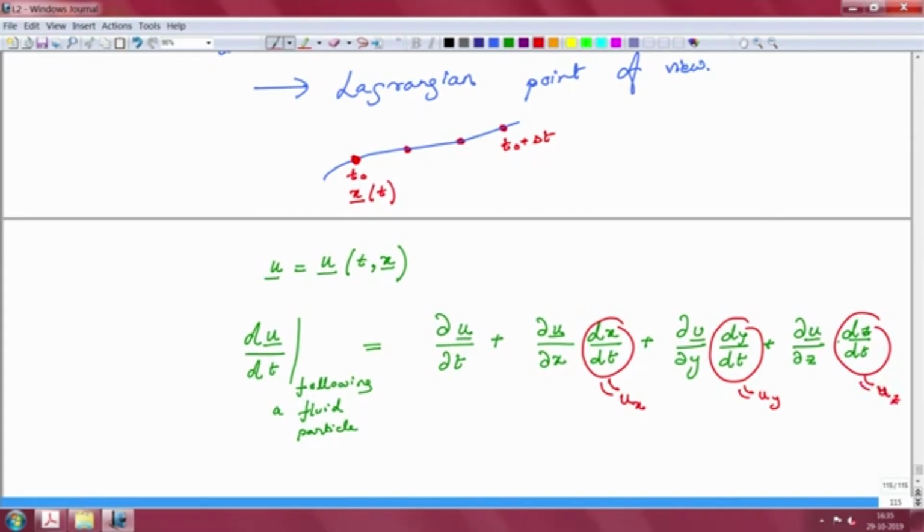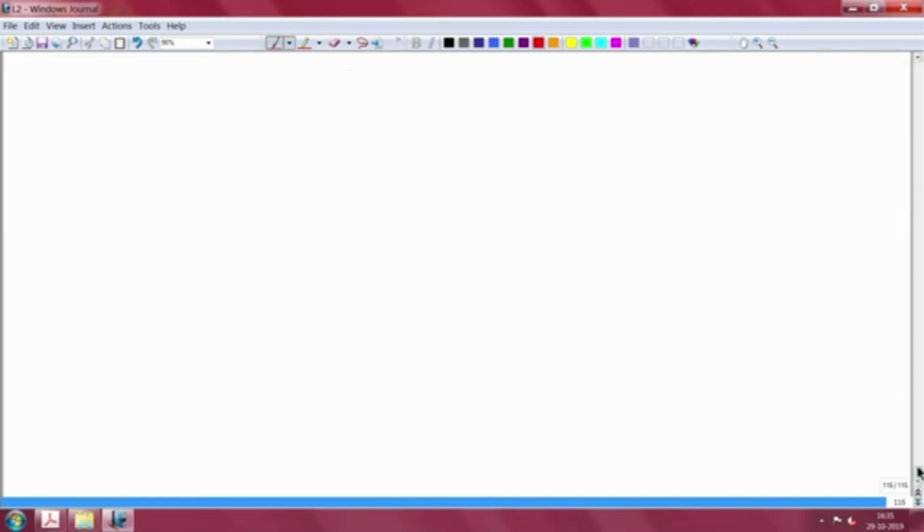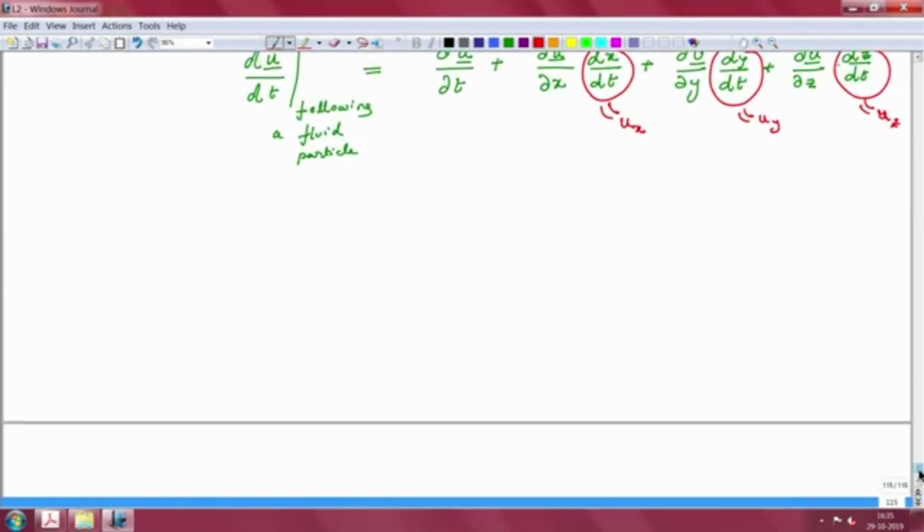So, that is why you have the concept that, when you take the derivative in the Eulerian sense, you have to take a material derivative, and that is usually a derivative of this form, right.